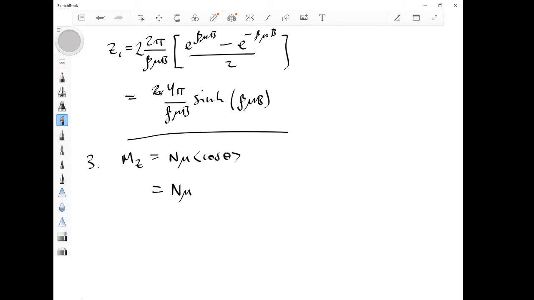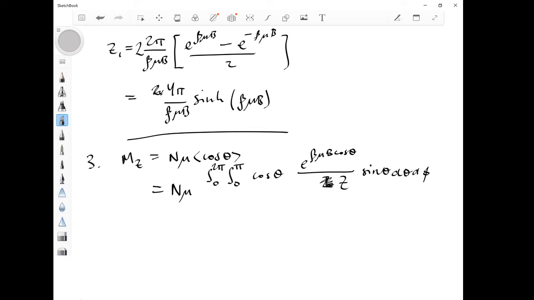So we have the integral from 0 to 2 pi, 0 to pi of cos theta e to the beta mu b cos theta all over z, sine theta d theta d phi.